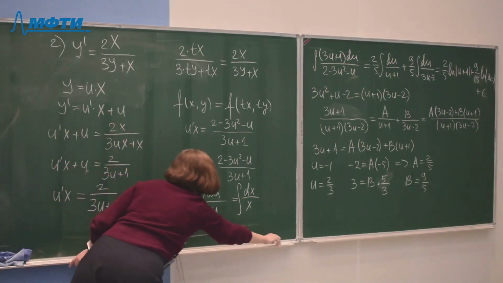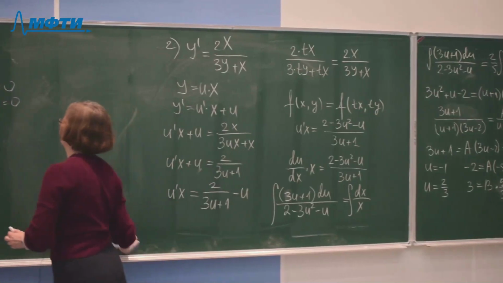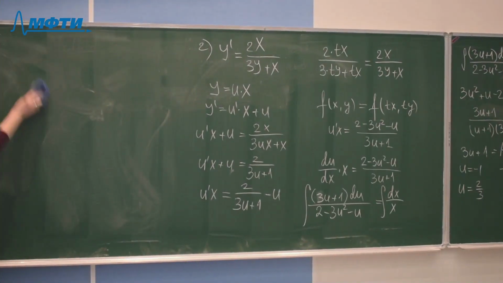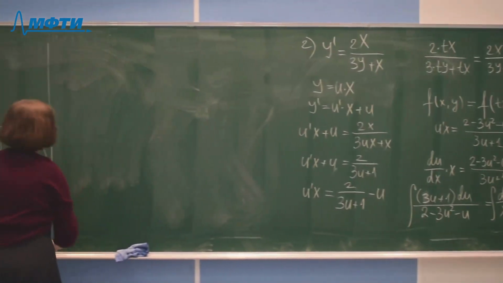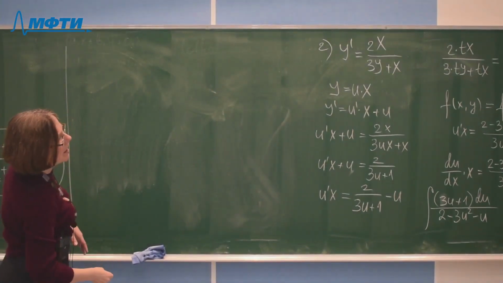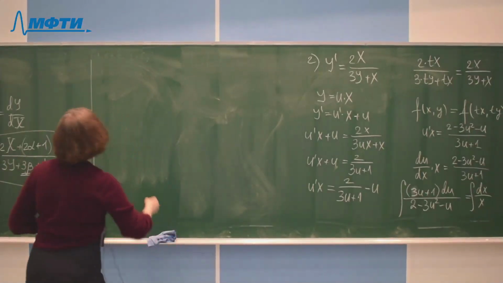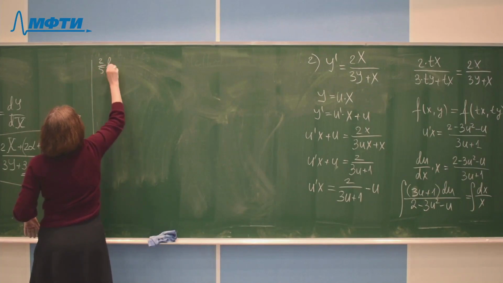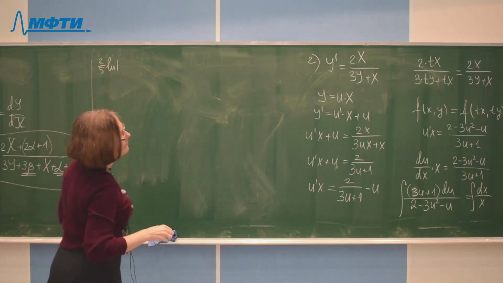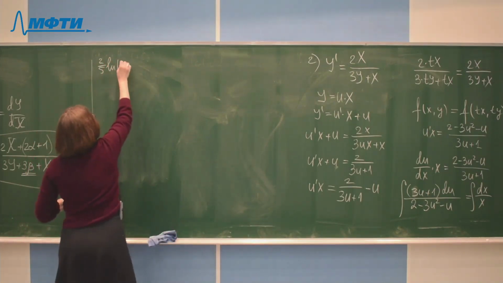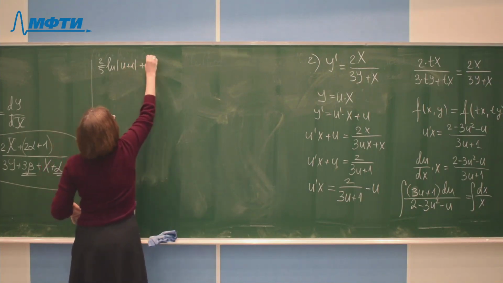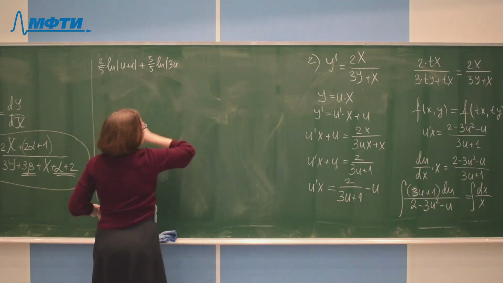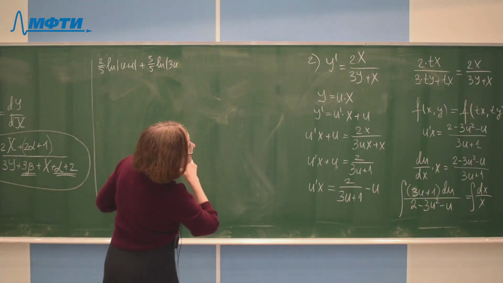I will remove this part, we need not this part. Then I will move here. We have the following: 2/5 ln of u plus 1, minus 3/5 ln of 3u minus 2.